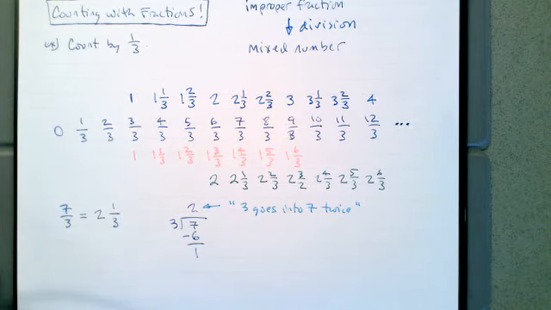So 3 goes into 7 twice. What this means is that I'm asking how many times can we subtract 3 from 7 without going negative? Some of you are like, oh, dude, that's obvious.